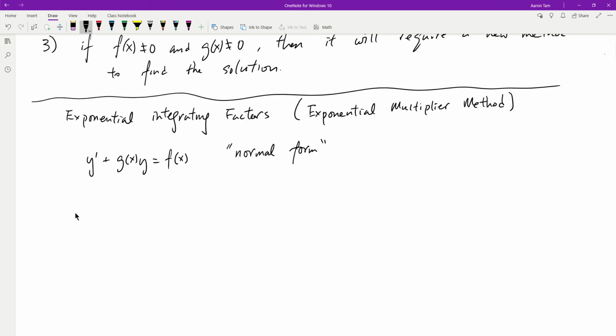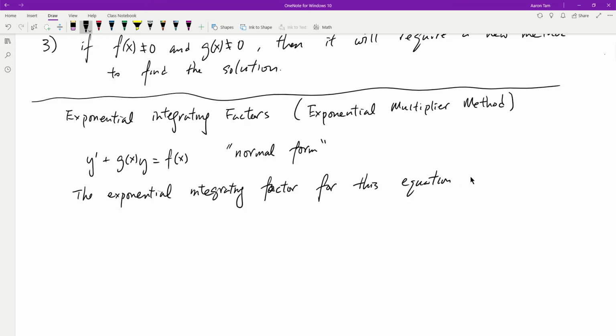It's obviously called the exponential integrating factor method, so we need to define what we call the integrating factor. The exponential integrating factor for this equation is basically given by this function.